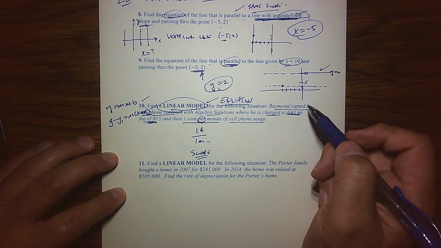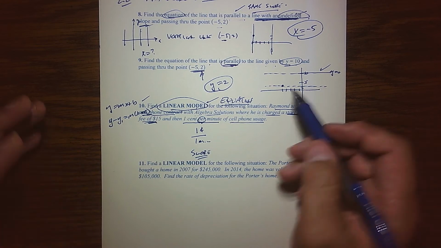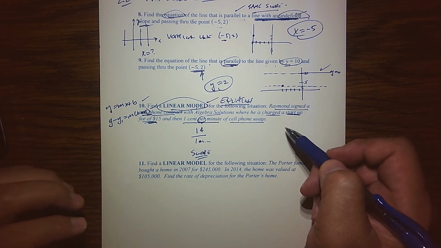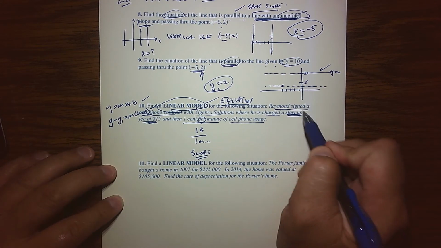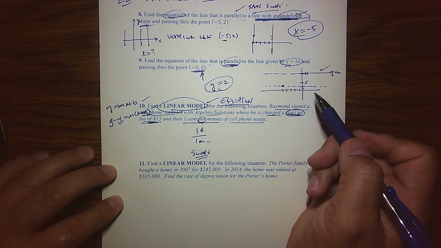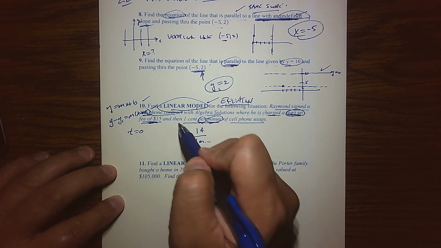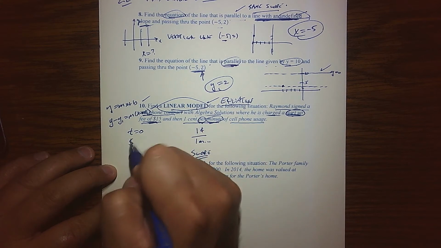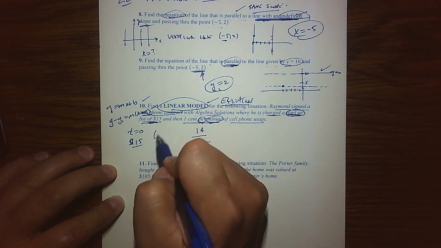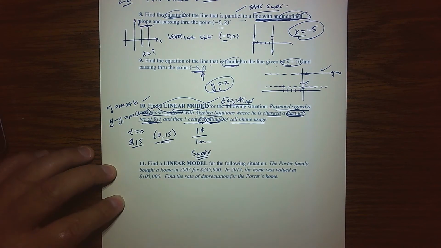So we're already given the slope. Now we need to know, what do we have in terms of points? And the key phrase here is we have a startup fee of $15. So when the minute usage, the time, is equal to 0, I basically owe these people $15. So (0, 15) kind of sounds like a y-intercept to me.